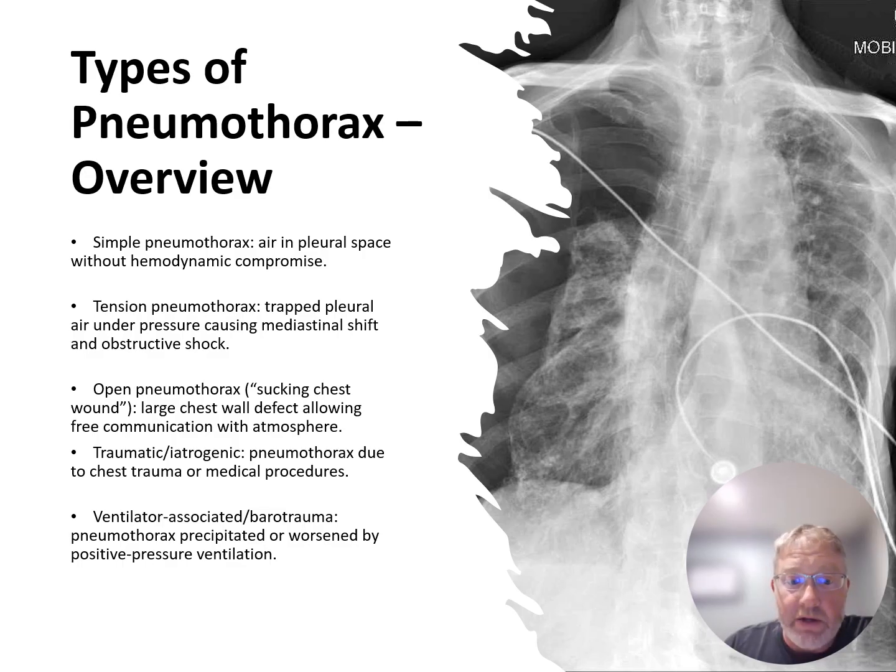An open pneumothorax, or sucking chest wound, involves a large defect in the chest wall that equalizes the intrathoracic and atmospheric pressures, and air moves in and out of the defect with each breath.